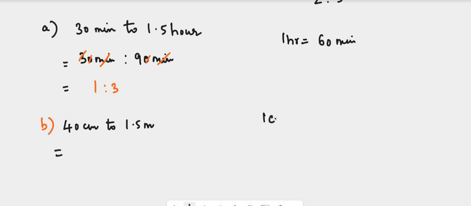Here 1 meter is equal to 100 centimeters. So 1.5 meters means 150 centimeters. So 40 centimeters to 150 centimeters. Now both are in the same units. Now centimeter will cancel, the 0 cancels. So the answer is 4:15.